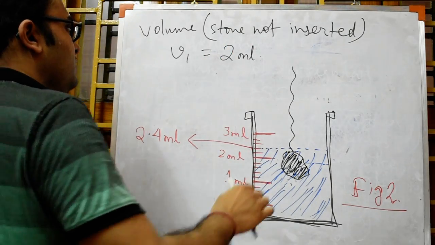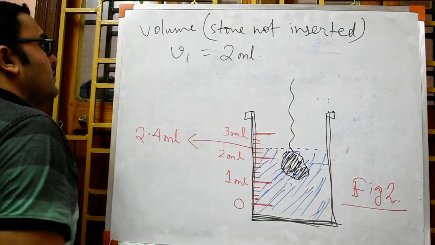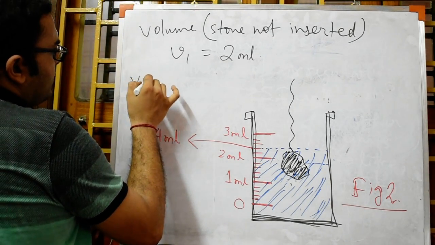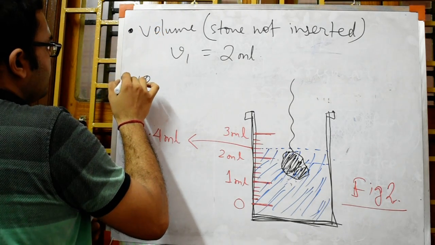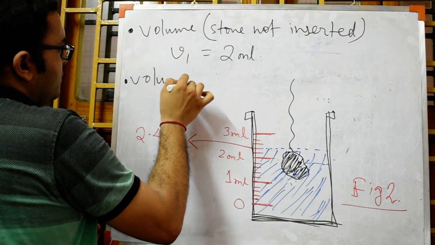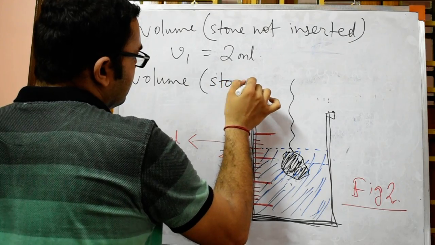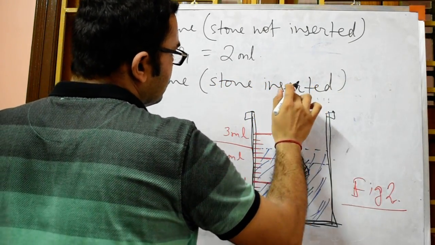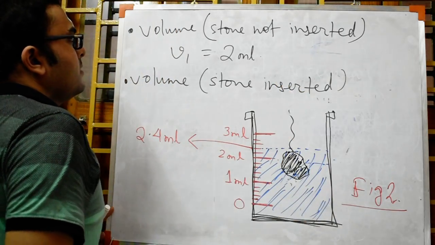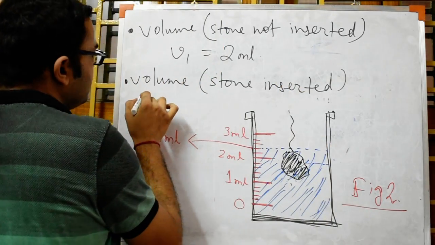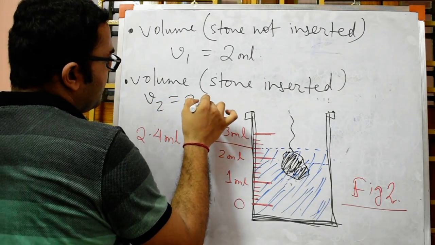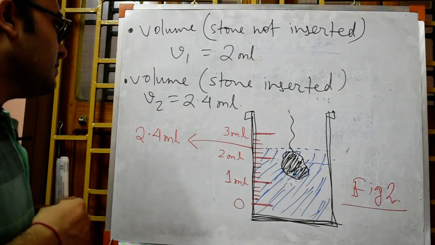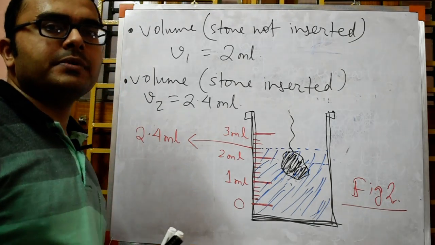Now when you have inserted the stone, the volume of the water rises a bit. This is the first reading, this is your second reading. Volume, stone is inserted. This is your volume V2. So V2 equals 2.4 ml.